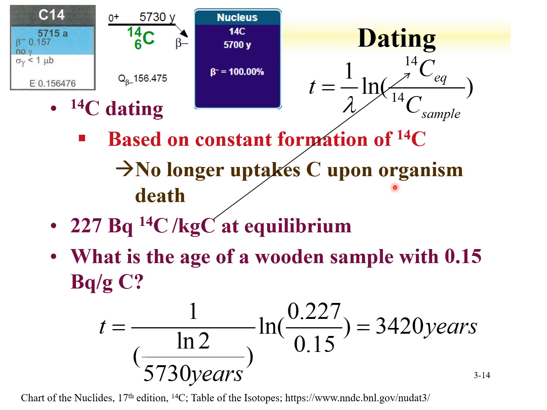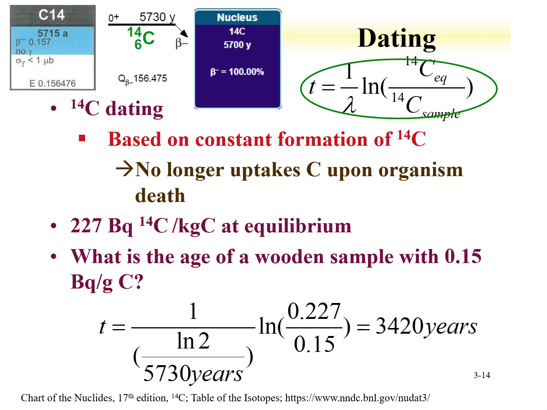If I know the amount of carbon-14 in a certain amount of carbon at equilibrium, so at time 0, and I see how much carbon-14 there is per unit mass of carbon at the current time, one could measure the sample age. We just rearrange the equation we used previously: 1 divided by the decay constant of carbon-14 times the log of the carbon-14 at equilibrium divided by the carbon-14 in the sample.